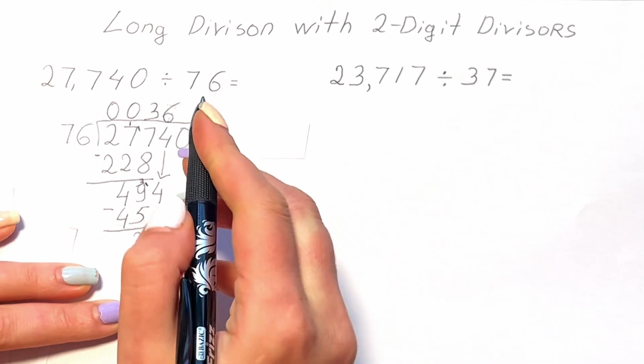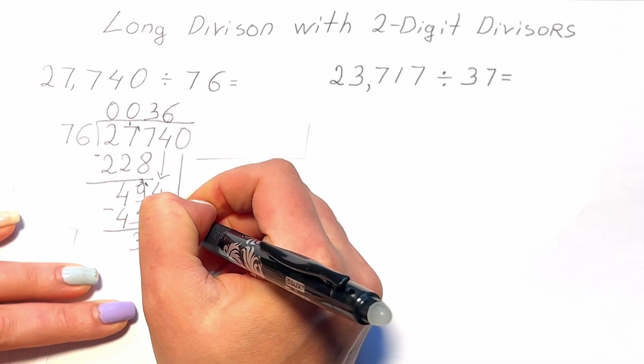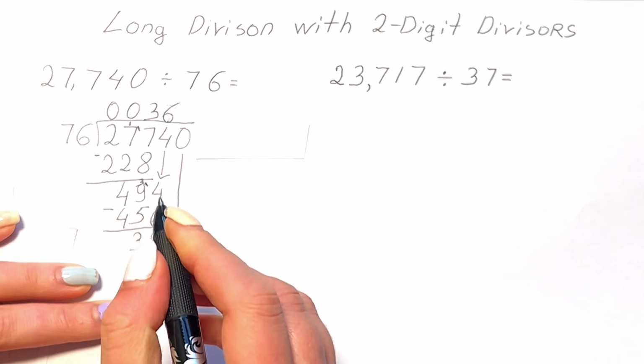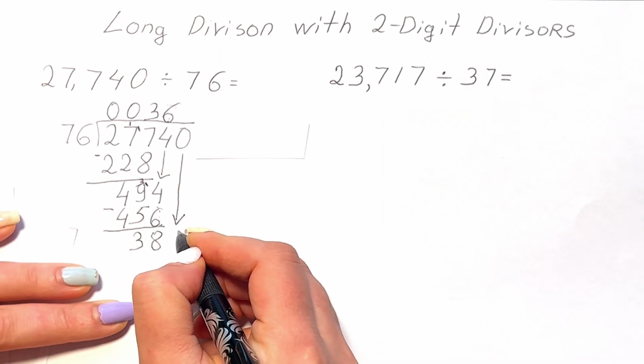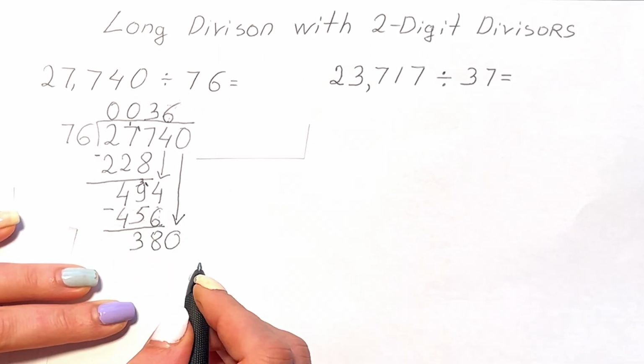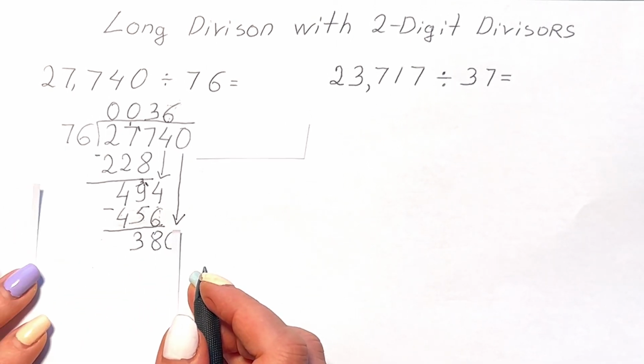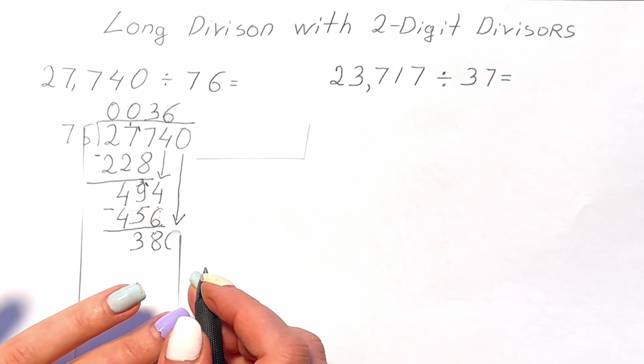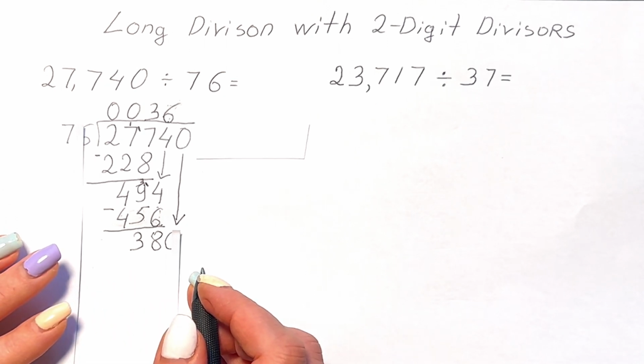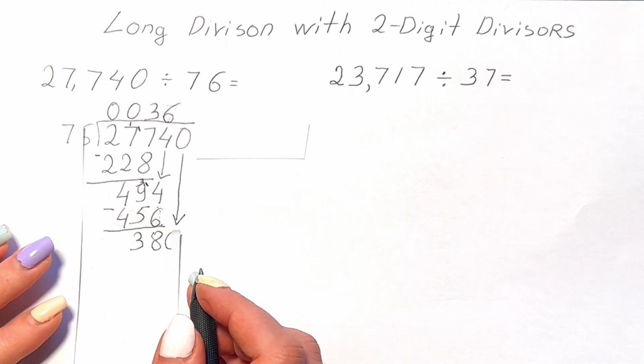So we will bring down the next digit, which is 0. And again cover the last digits. 7 goes to 38 5 times.